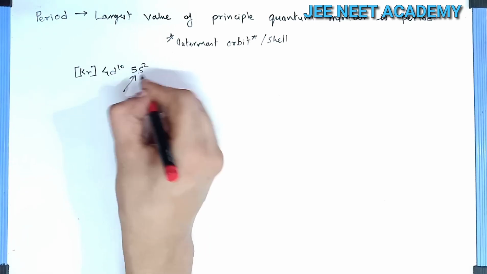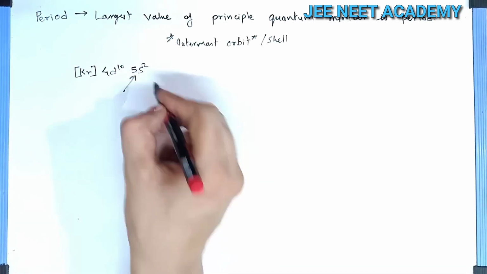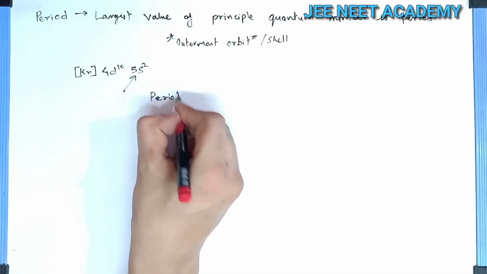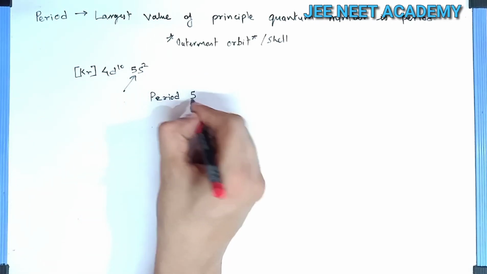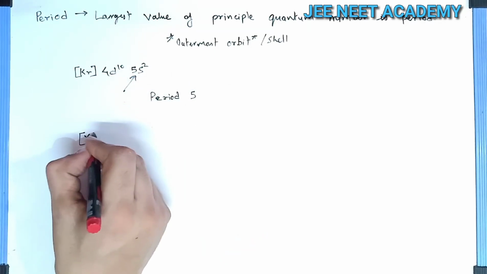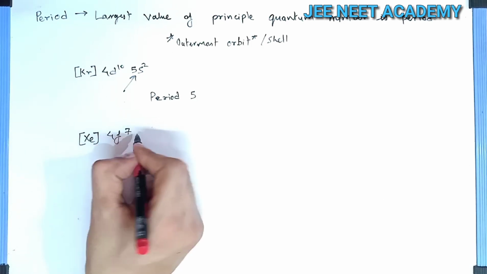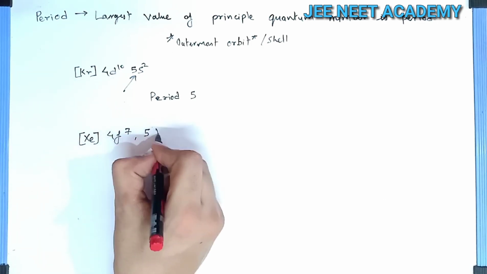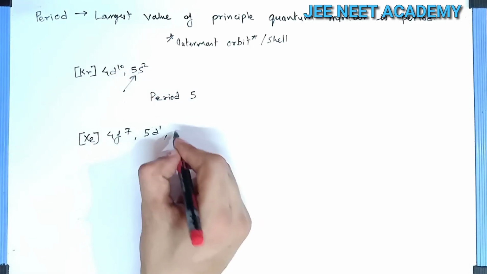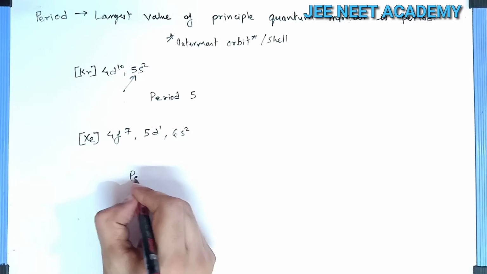Outermost shell or highest principal quantum number is 5 here, so period 5. If the electronic configuration is written xenon 4f7 5d1 and 6s2, then period will be 6.